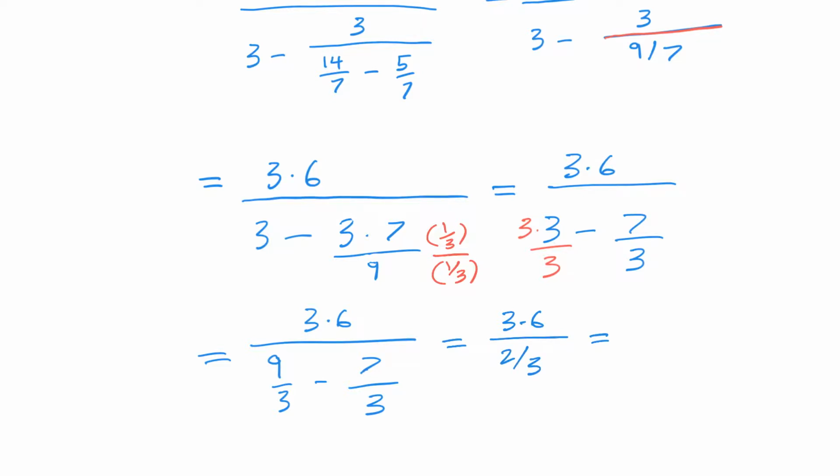So we have 3 multiplied by 6, and we'll exchange this division for multiplication, and instead of it being 2 divided by 3, it's now 3 divided by 2. So in the end, it looks like we get 6 divided by 2 is 3, so we have 3 times 3 times 3. That's 27 as our final answer.